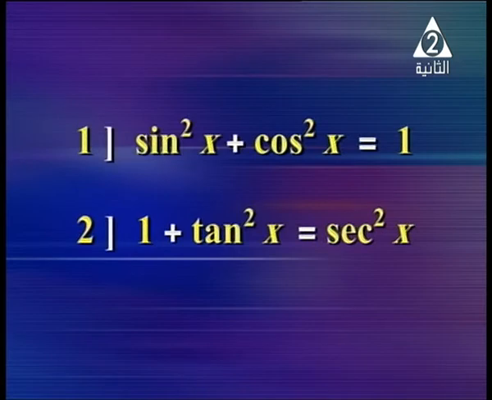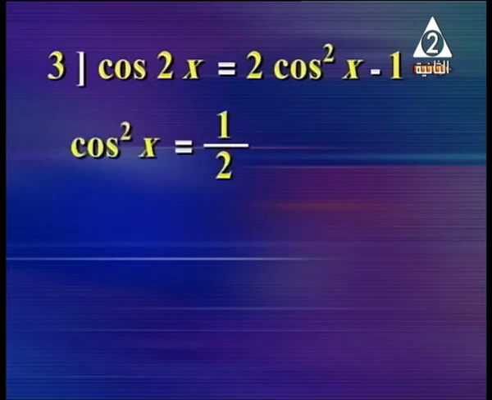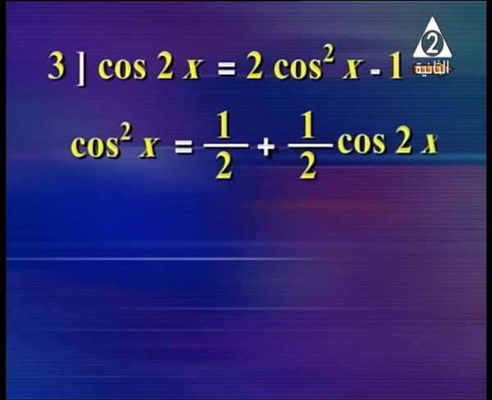And we know from trigonometry that 1 plus tan squared x equals sec squared x. Also, cosine 2x equals 2 cosine squared x minus 1. So we can substitute cosine squared x equals half plus half cosine 2x. Remember, dear student, this rule is very important.